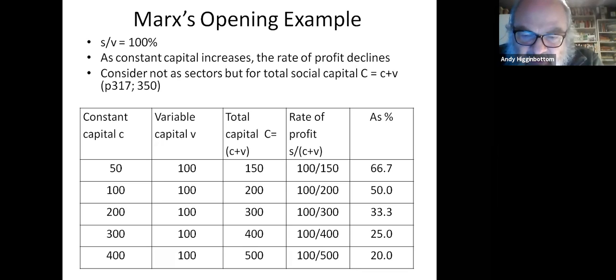So what we have then is this ratio of S over C plus V. At this point, Marx doesn't make the distinction between the total capital applied and the capital used up, so he skirts over that issue in his presentation.